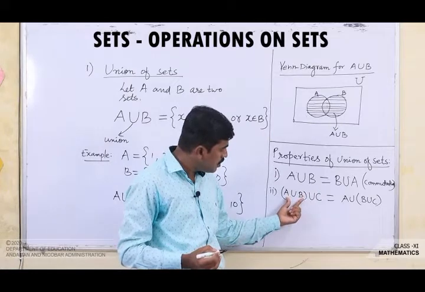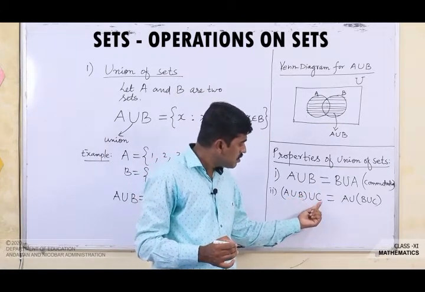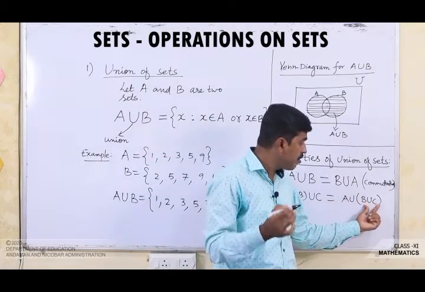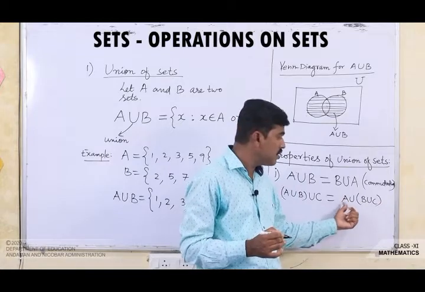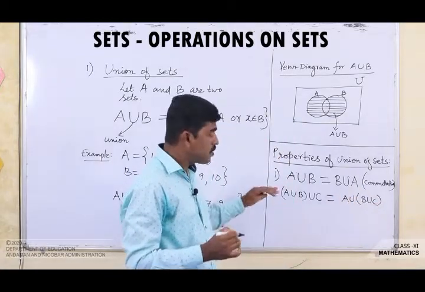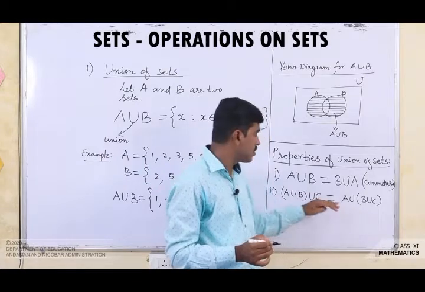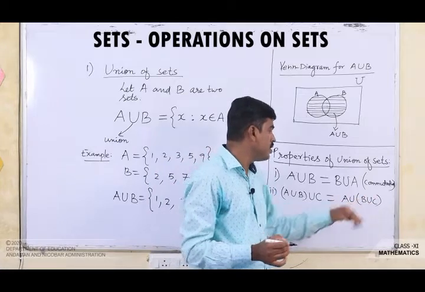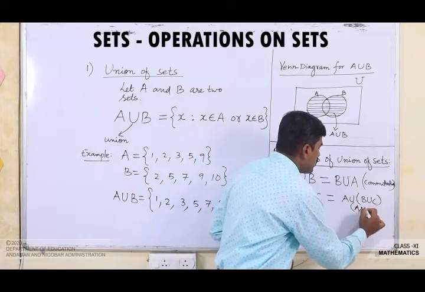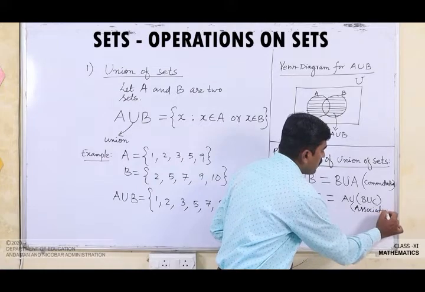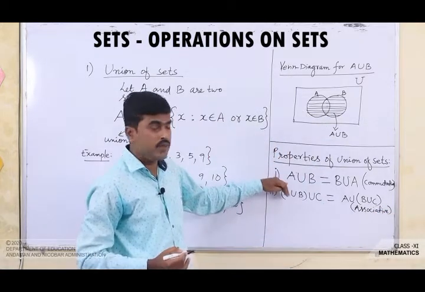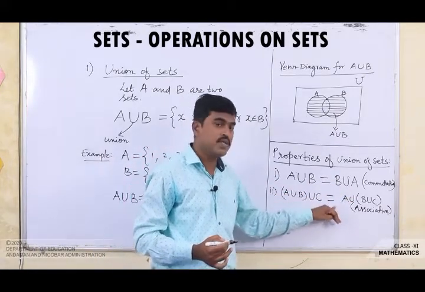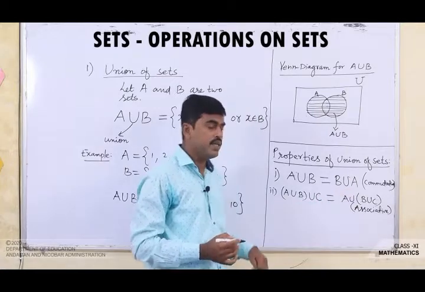Here we find the union of A and B first, then take the union of C with A union B. Or we find the union of B and C first, then take the union of A with the union of B and C. Anyhow, we are going to get the same set. So this property is called the associative property of union. The first one is A union B equals B union A, and the second one is (A union B) union C equals A union (B union C).